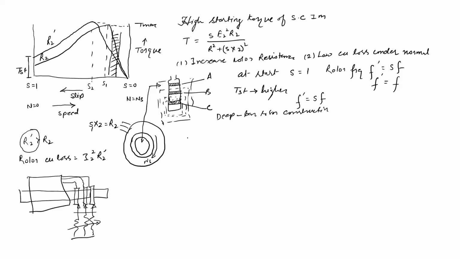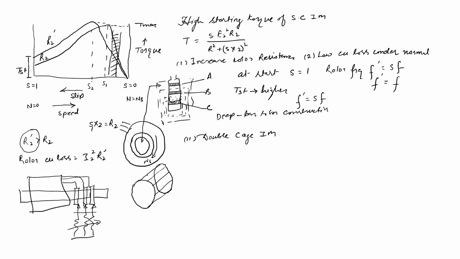Now the second method is the double cage induction motor. Double cage induction motor means that there are two cages. In a squirrel cage induction motor, the rotor is made up of simply copper bars embedded over the periphery of the rotor, short circuited with the help of end rings, isn't it?